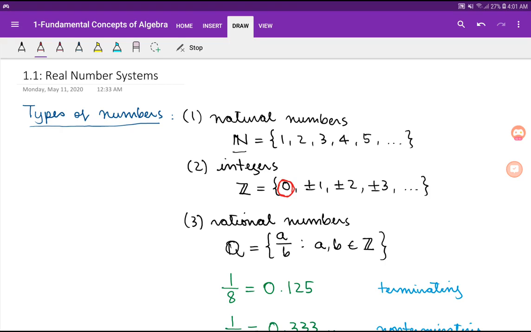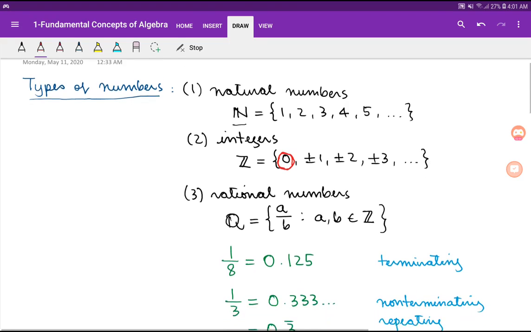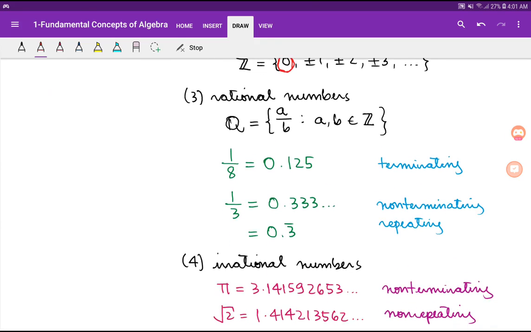Another type of numbers in the real number system is rational numbers. Rational numbers are numbers of the form a divided by b, in which a and b are integers. It must be integers.